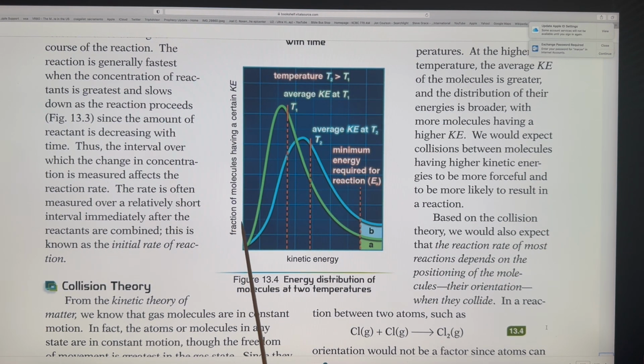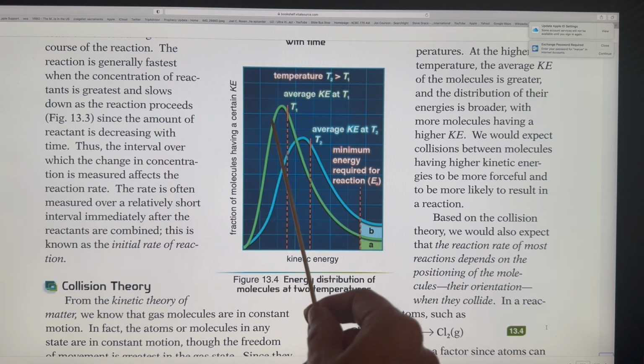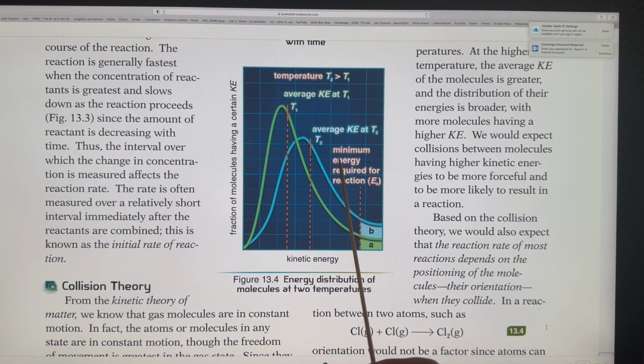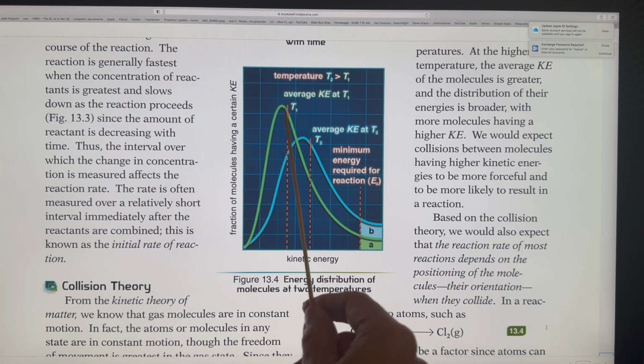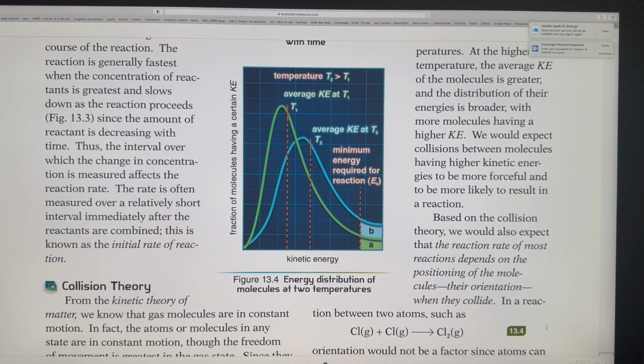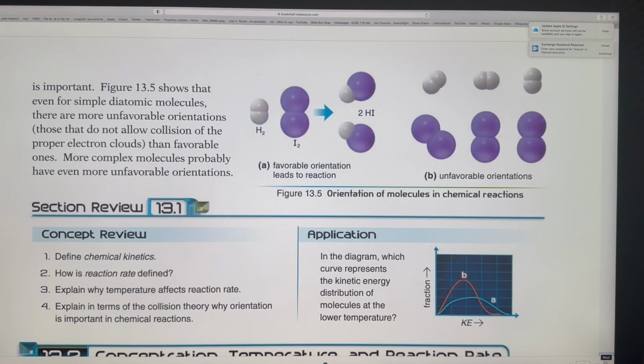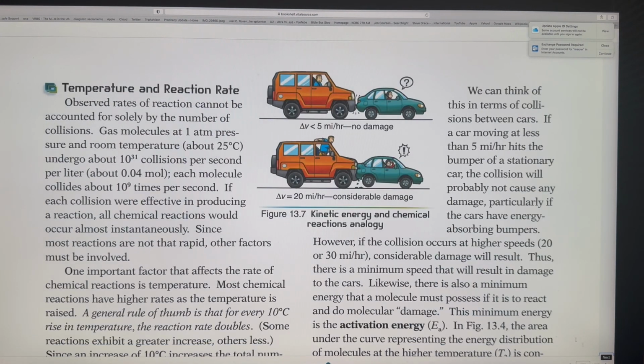Here we have the fraction of molecules having a certain energy, and the minimum energy required for reaction is the activation energy. Here we have the average kinetic energy, and here we have the kinetic energy distribution. The minimum energy required for reaction is EA, the activation energy. So you need to know that.